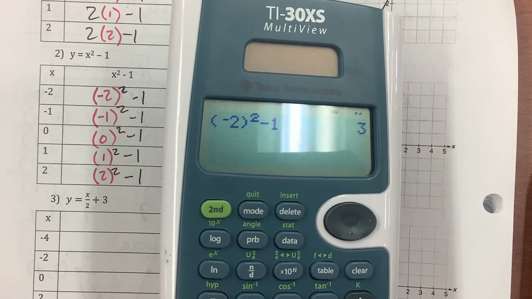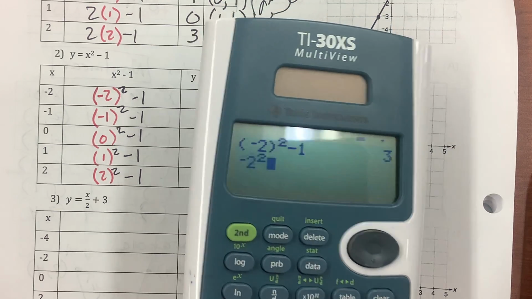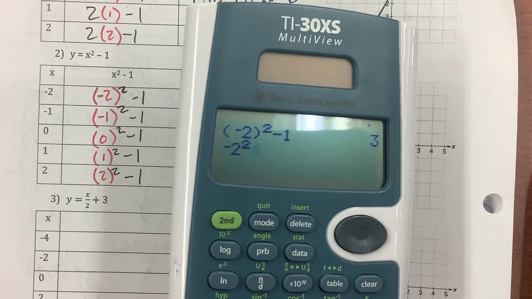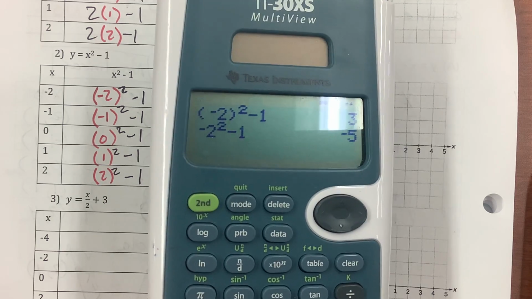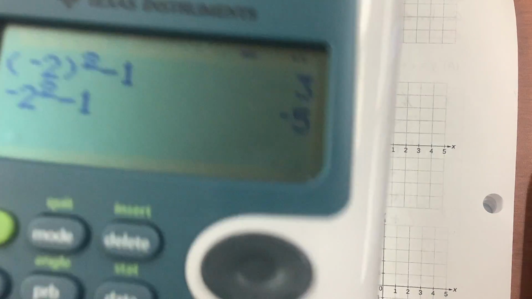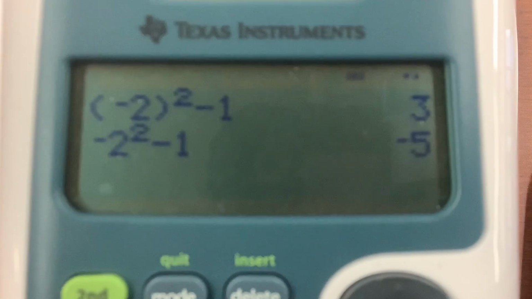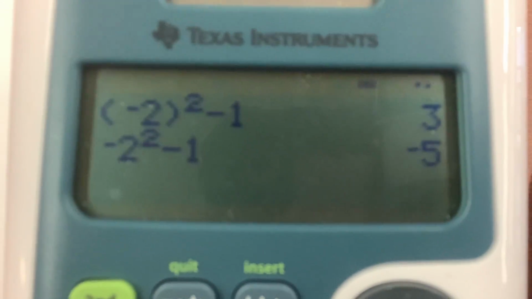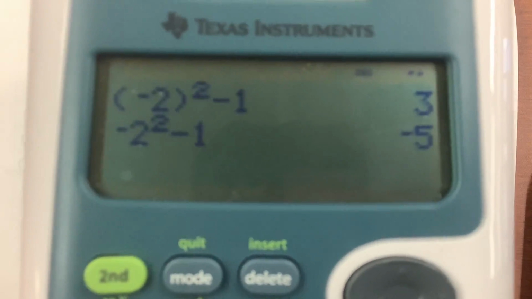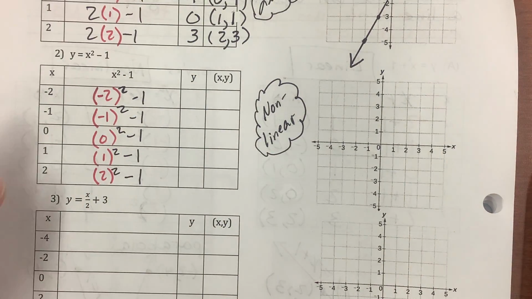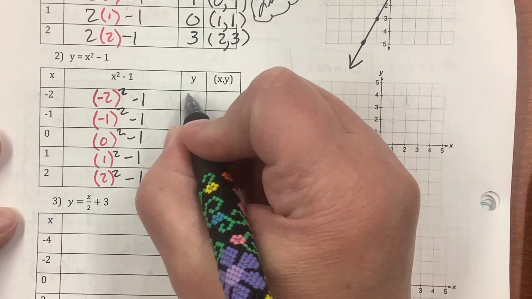But if I don't put the parentheses, -2 squared minus 1, I'm going to get -5. Do you see that? Ooh, that is not good. So remember, when you're doing these problems, you have to put parentheses around the number. So what did I get here? 3.